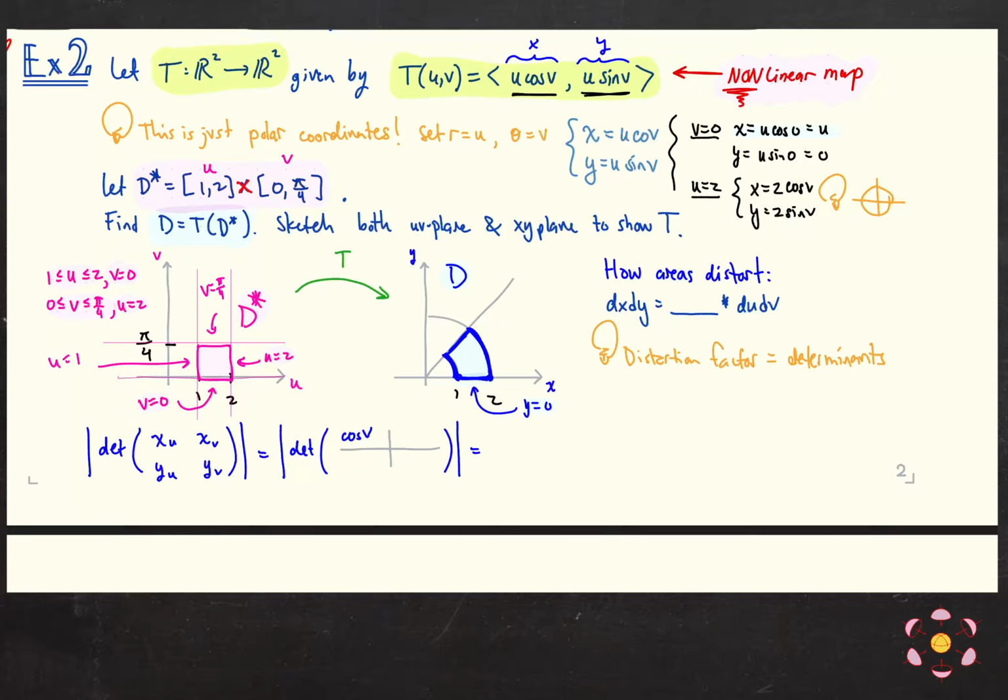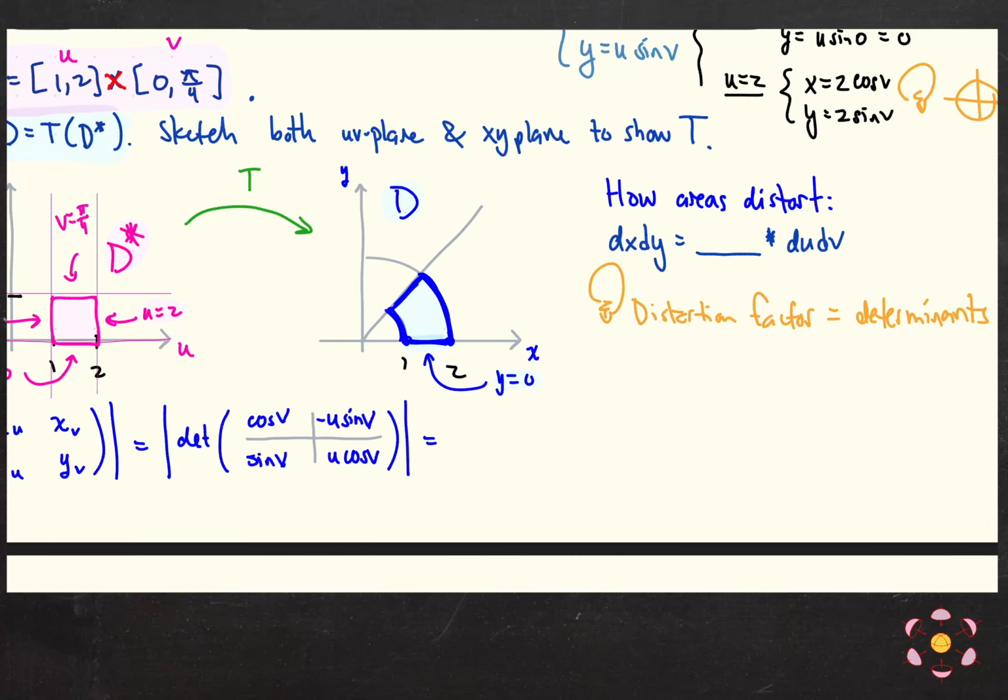The u is constant, but the derivative of cosine is negative sine, so I pick up a negative sine v. Then looking at the y function, what's the partial derivative of y with respect to u? That is sine of v. And the partial derivative of y with respect to v is going to be u cosine of v.